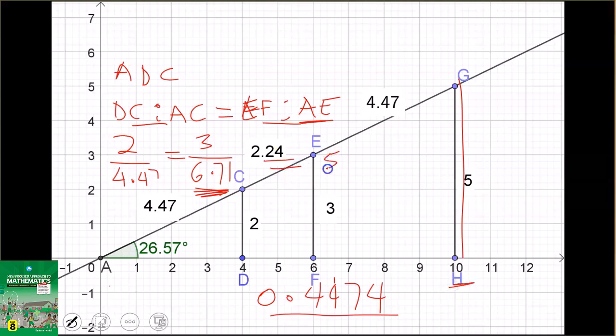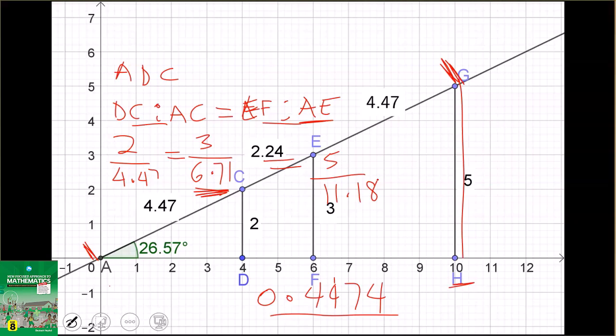Try it for that of the HJ, which is 5, also divided by AJ, and AJ will be 11.18. When you divide 5 over 11.18, you get the same as the answer we have, 0.4474, and so on and so forth.